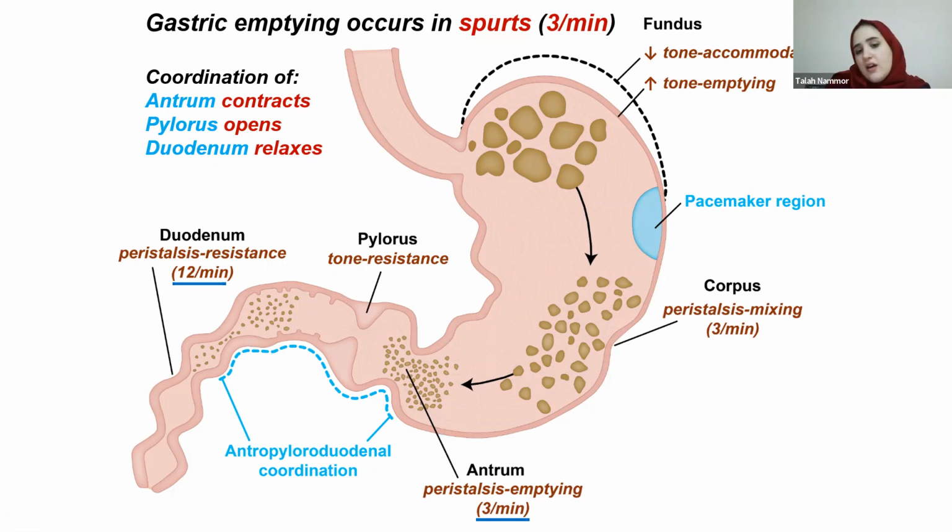That's how it is all over the stomach. 3 waves per minute. It's just that the strength of the muscle contraction will increase as we go down. And the gastric emptying command depends on the waves. Is it clear? Yes.